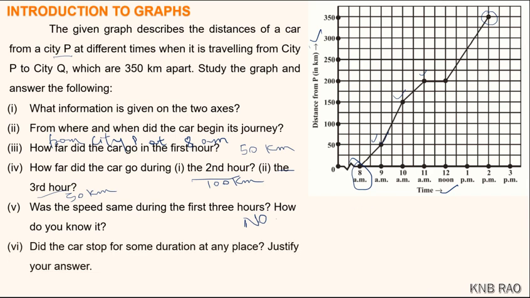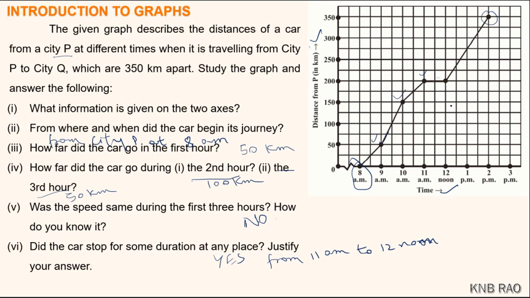Next, did the car stop for some duration at any place? Justify your answer. I say yes, it was stable, from 11 AM to 12 noon. At 200 kilometers, you could see that steady graph.